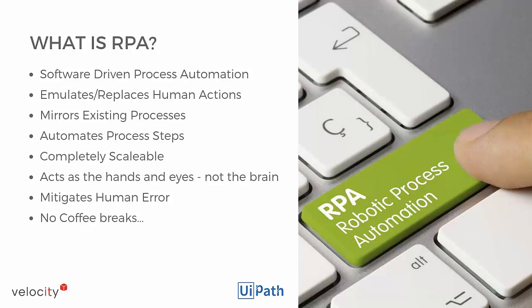Because we're training the robot through software, it mitigates any human error that we tend to find in things like data transfer or the tasks that somebody's doing. When you train a software robot or a digital worker, that robot will do the same thing time and time again in exactly the same way, following exactly the same process.